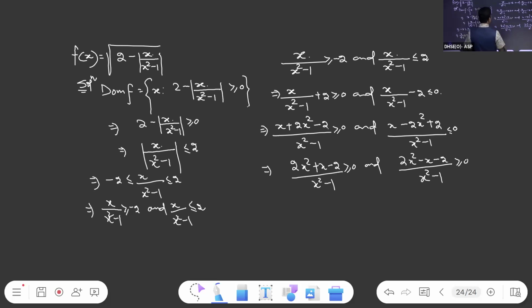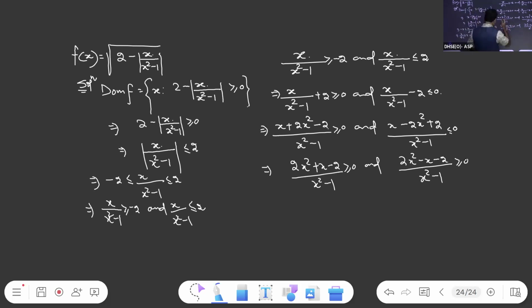So what are the roots of the equation 2x square plus x minus 2 equal to 0? Using b square minus 4ac, the roots are minus 1 plus or minus root 17 by 4.